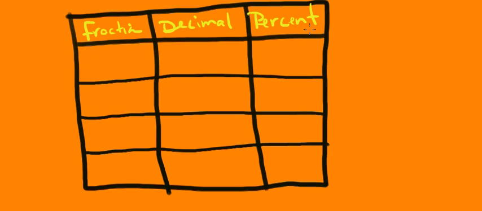All right, fraction, decimal, percent. Absolutely. So we have 1/3 in here, 1.5 in here, 60% in here, and 2 over 1 in there. We want to fill these out.